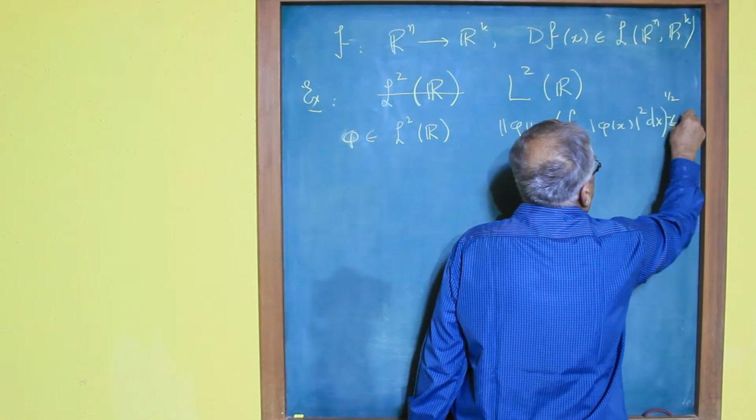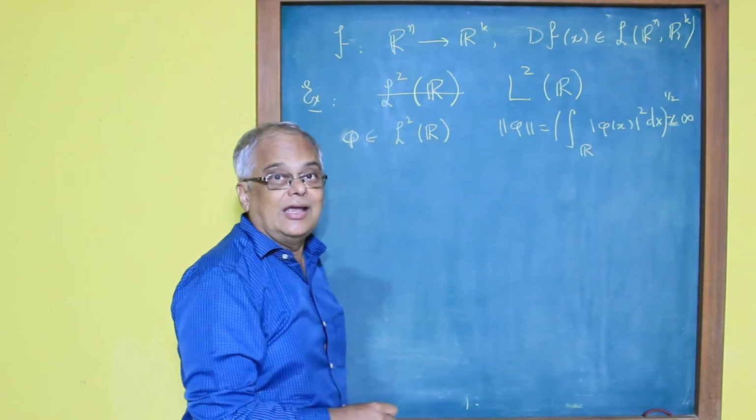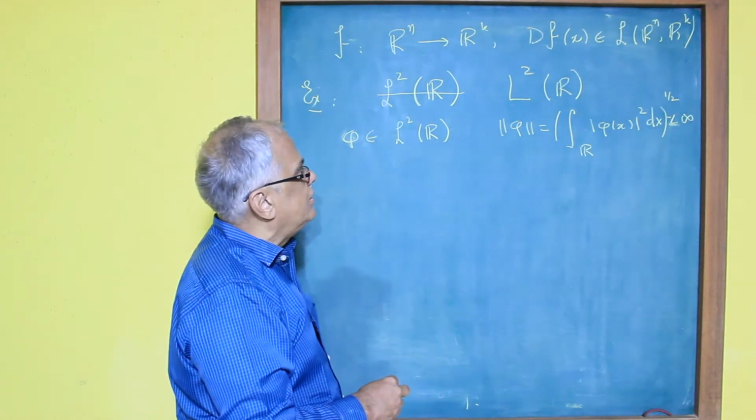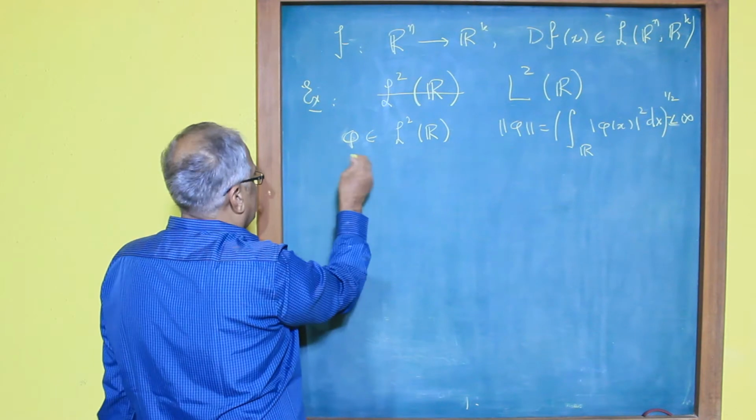This is the L2 norm. So I want to define this map, which I will call something.